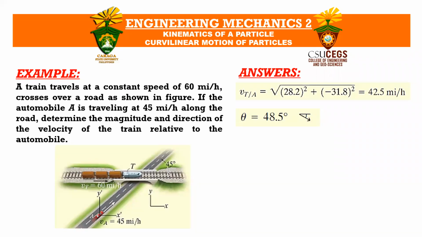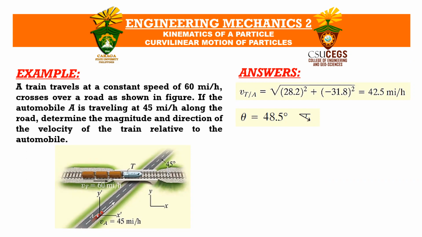For the first example problem for relative motion of two particles using translating axis, a train travels at a constant speed of 60 miles per hour, crosses over a road as shown in the figure below.